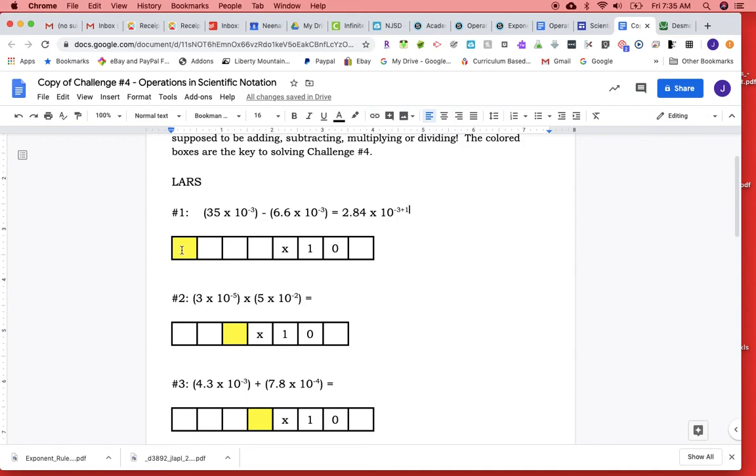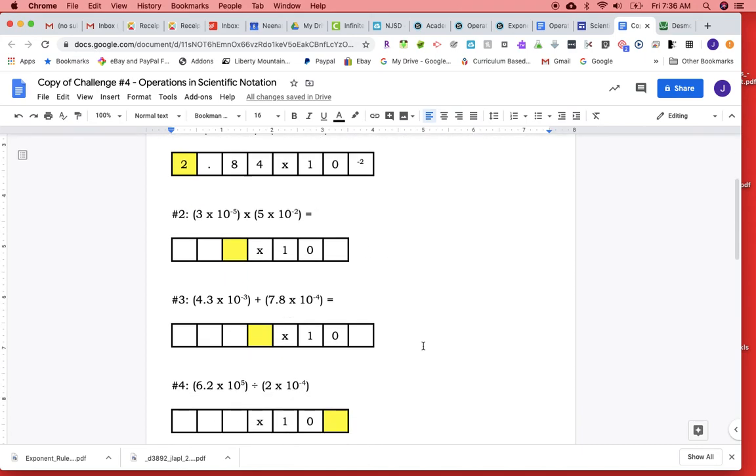So our final answer will be 2.84 times 10 to the negative 3 plus 1, which is negative 2. We're going to keep track of these yellow boxes.